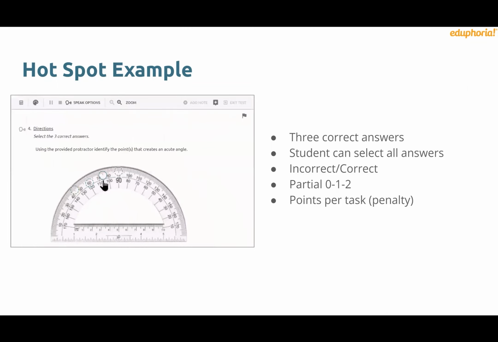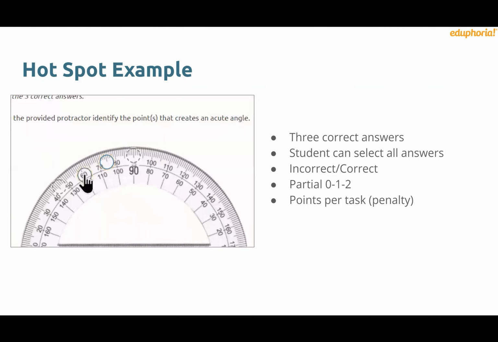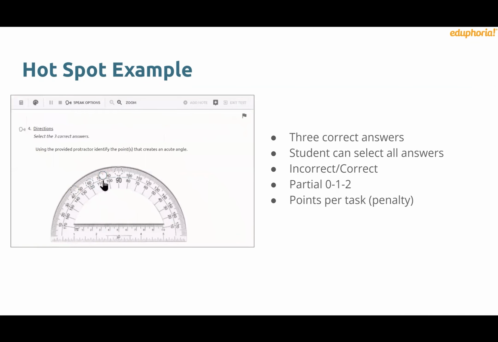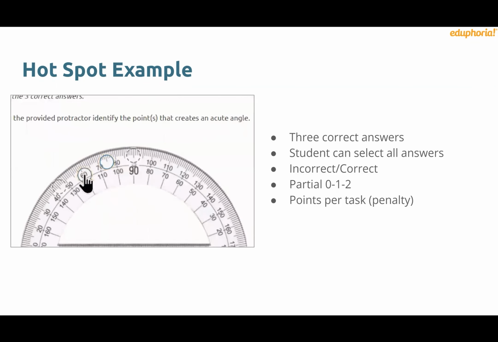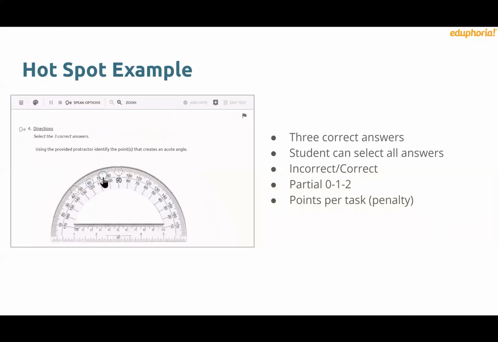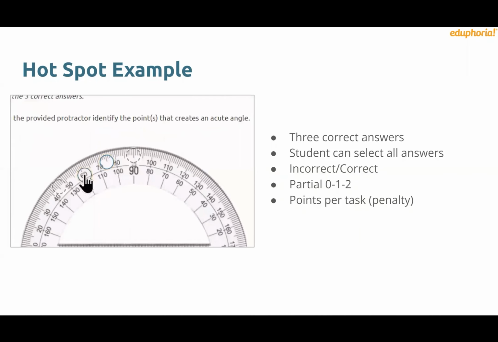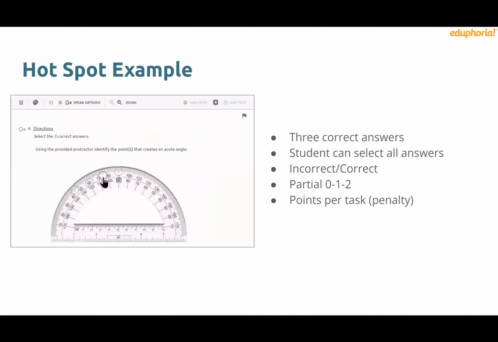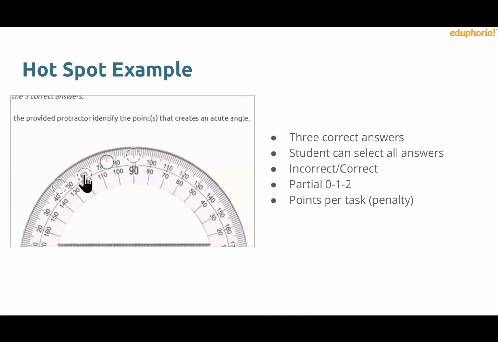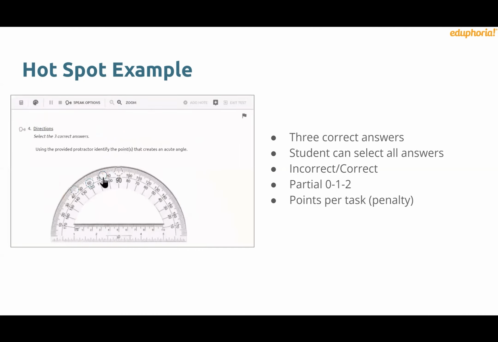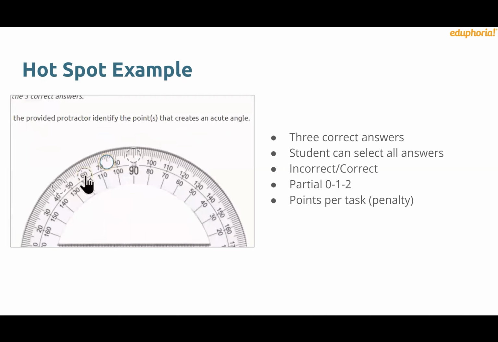All right, as we go through our next and last holistic example together, we have a hotspot question. It has 3 correct answers, and we'll walk through each of these scoring rules. So if, again, on a hotspot question, the student can select any amount of answers based on the targets that you have created for this answer choice. So this one has 4 targets, but only 3 of those targets are correct, right?